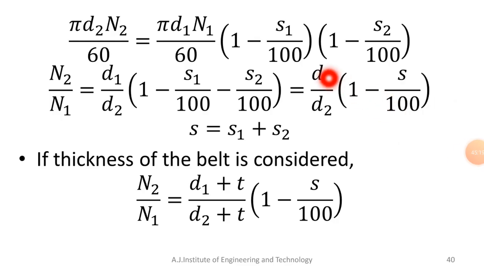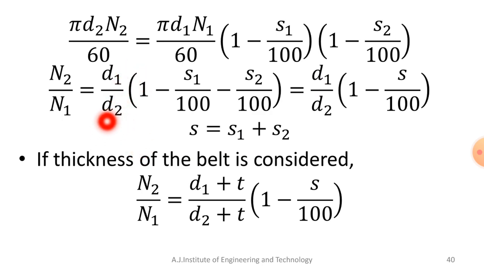Now you can see that pi d2 n2 divided by 60 is given by v, which is pi d1 n1 divided by 60 after considering the S1 slip and S2 slip together: (1 minus S1 divided by 100) into (1 minus S2 divided by 100).